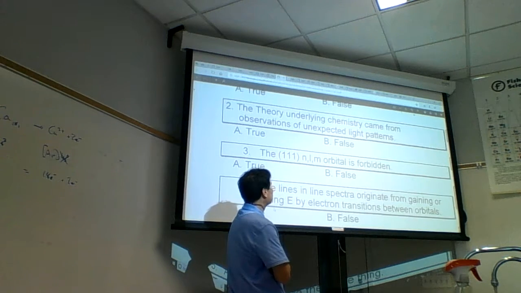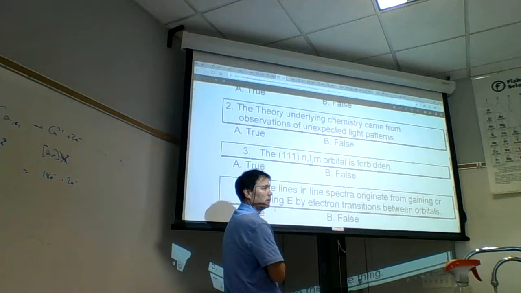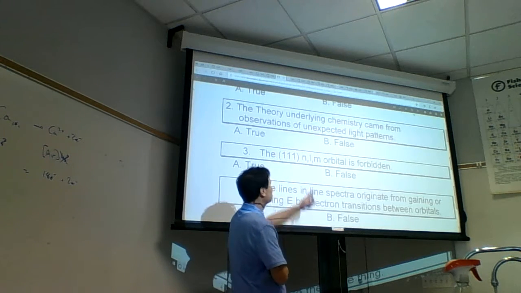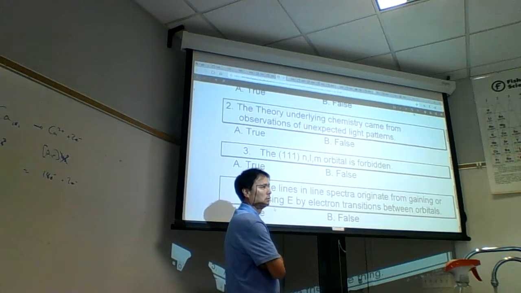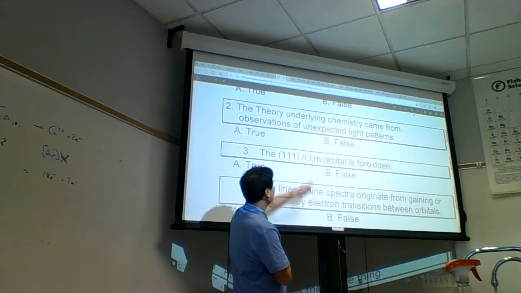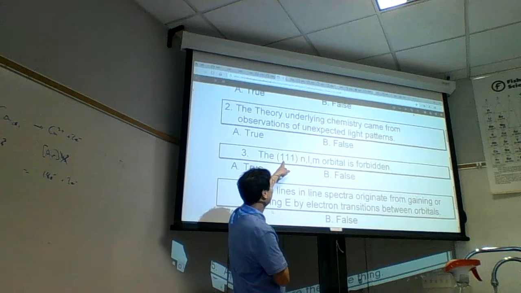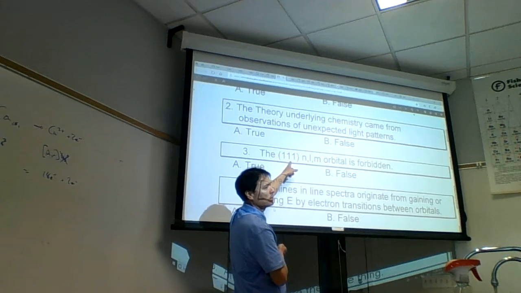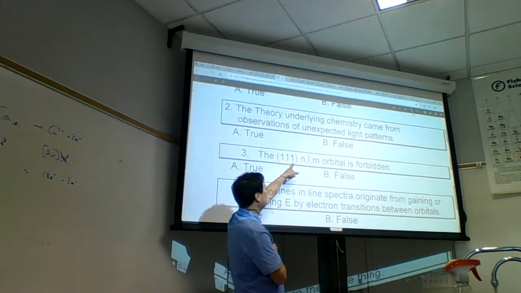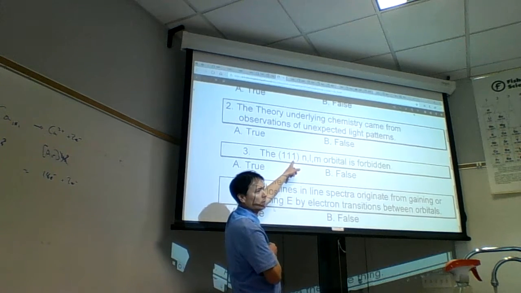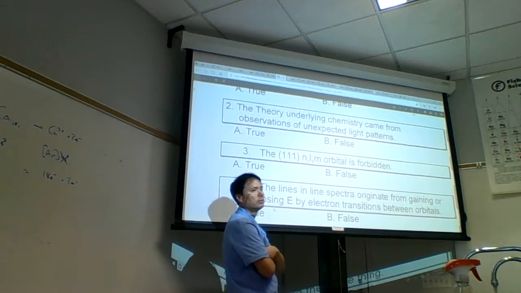What is the biggest L that is allowed? In this case, it's n minus 1. Well, n minus 1 is 0, so the biggest L we can have is 0, so this violates that. M is not in violation. M is okay. If L is equal to 1, we can have an M equal to 1.